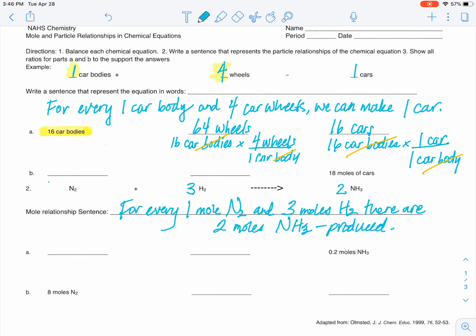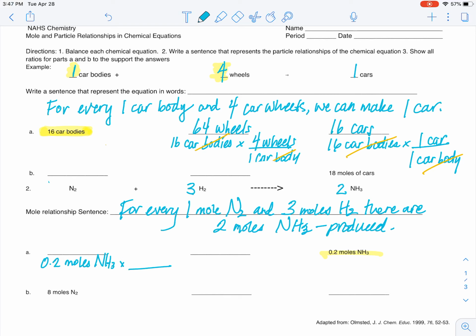Okay, so that said, if I were given 0.2 moles of ammonia and asked to convert from moles of ammonia back to moles of nitrogen or moles of hydrogen, I would need to use some ratios. So we're going to go ahead and start again with what's given, which is your 0.2 moles of ammonia. And then we're going to multiply it by a mole ratio, which compares our coefficients.